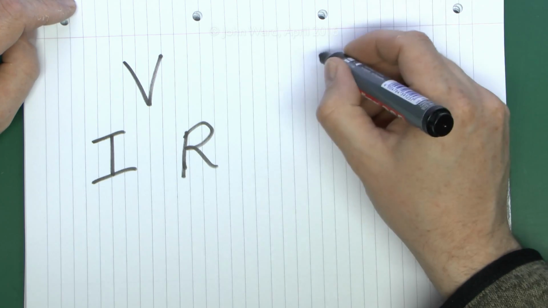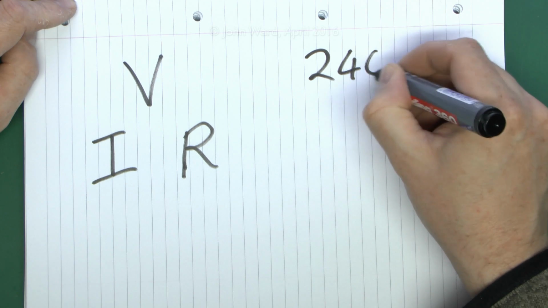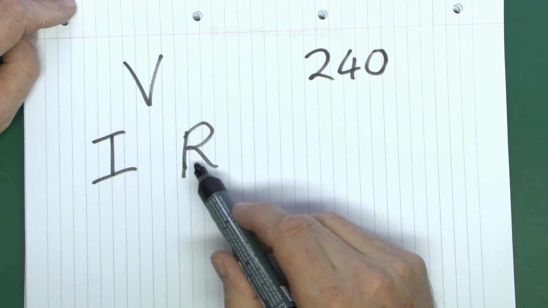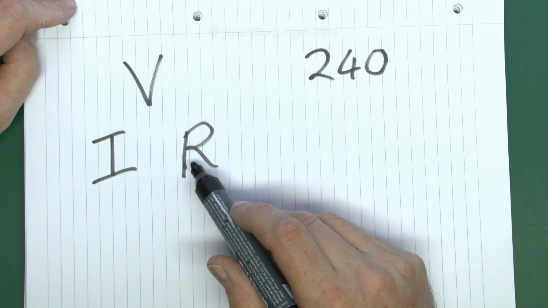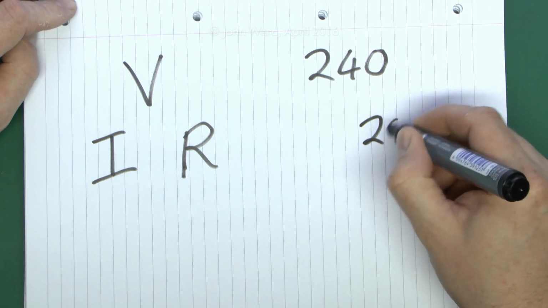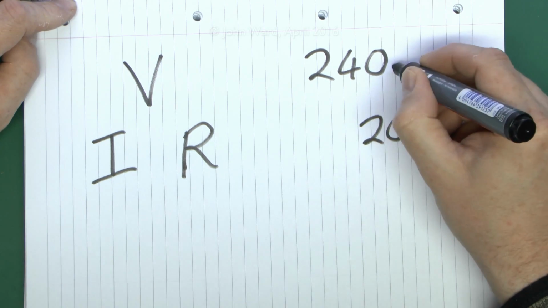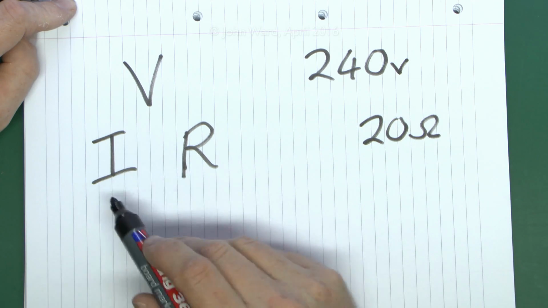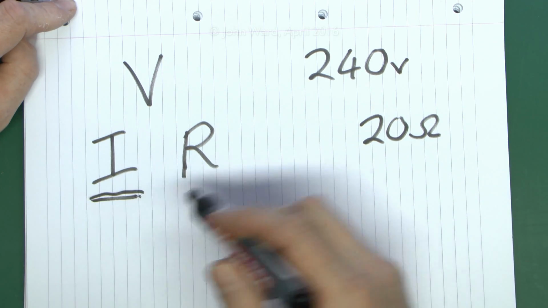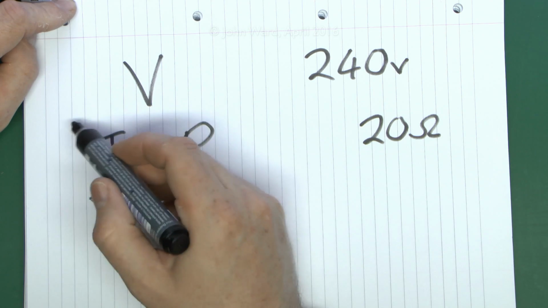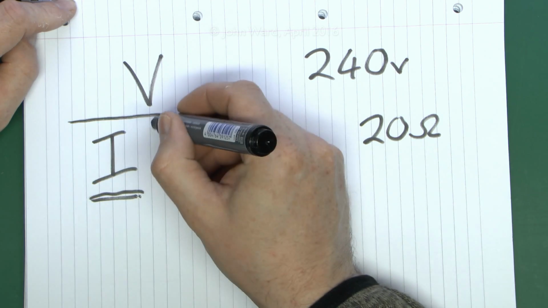So if, for example, we had 240 volts, say, on the mains there, and we know that the resistance of something, like, say, a heating element, was 20 ohms, then to calculate what the current would be in that situation, it's one divided by the other.